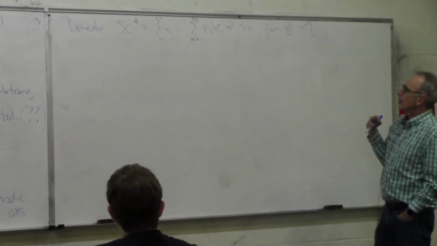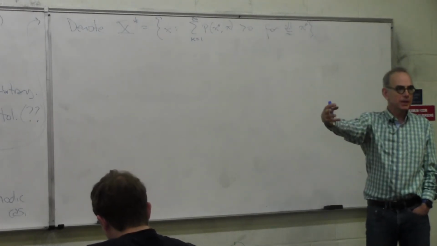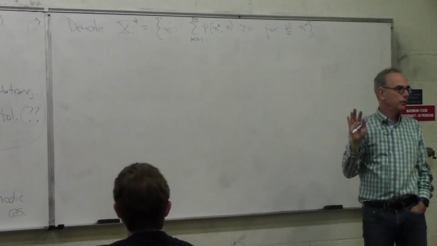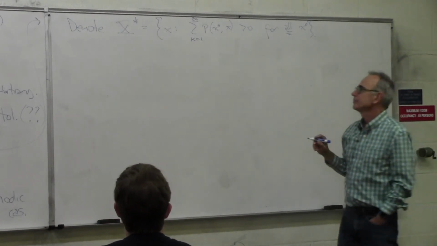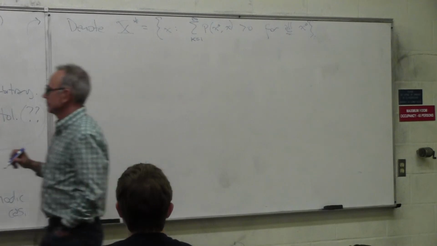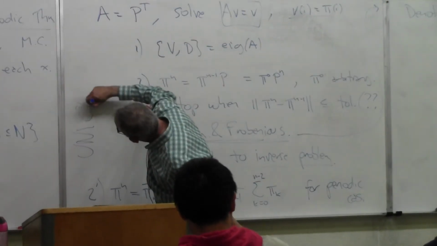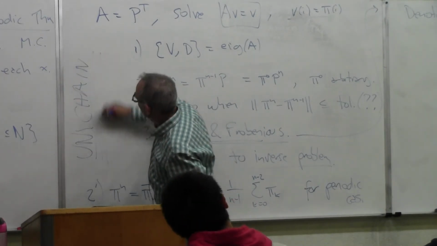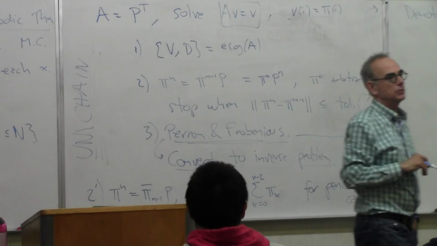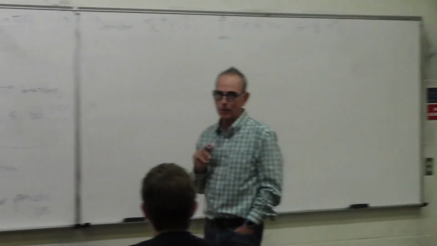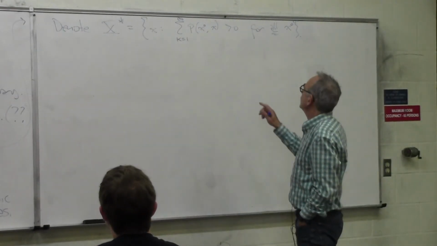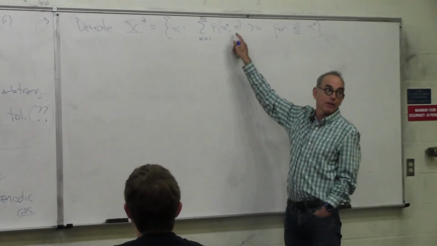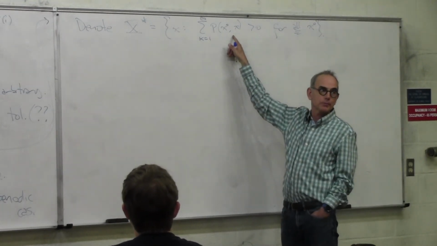So X star is a set of reachable states. We're sticking to the unit chain case throughout. We've got that graph structure right there, and I'm going to let X star be the set of all points that are reachable from everywhere.